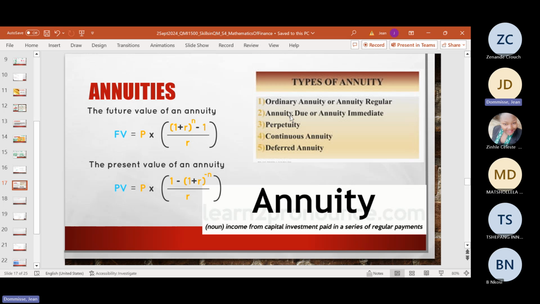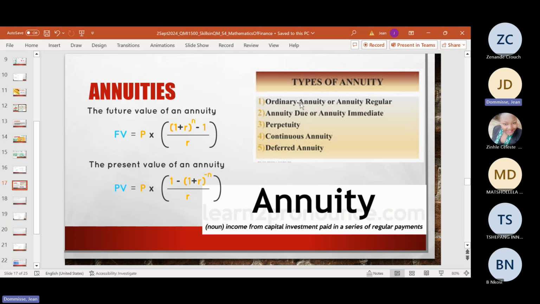Sometimes it happens that you get what they call an annuity due, or annuity immediate. And all that means is that when you take out that annuity, you need to pay when you take it out. So not at the end of the month, you basically take it out and you pay at the beginning of a period.